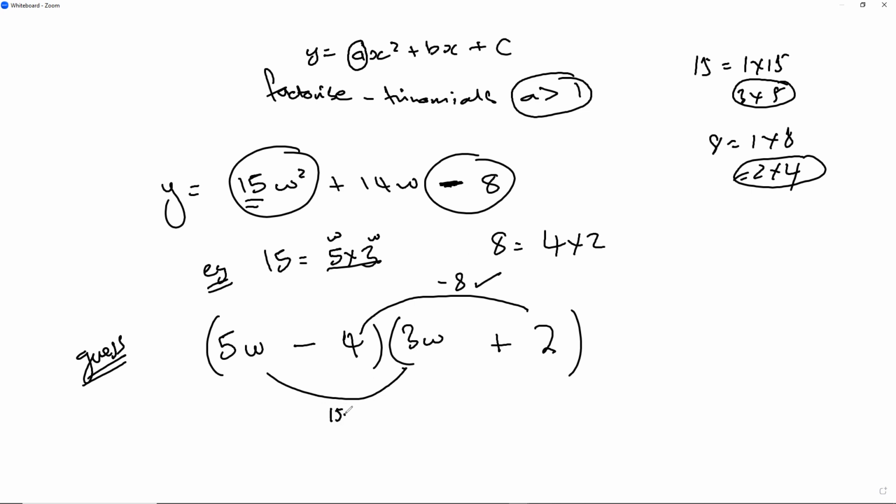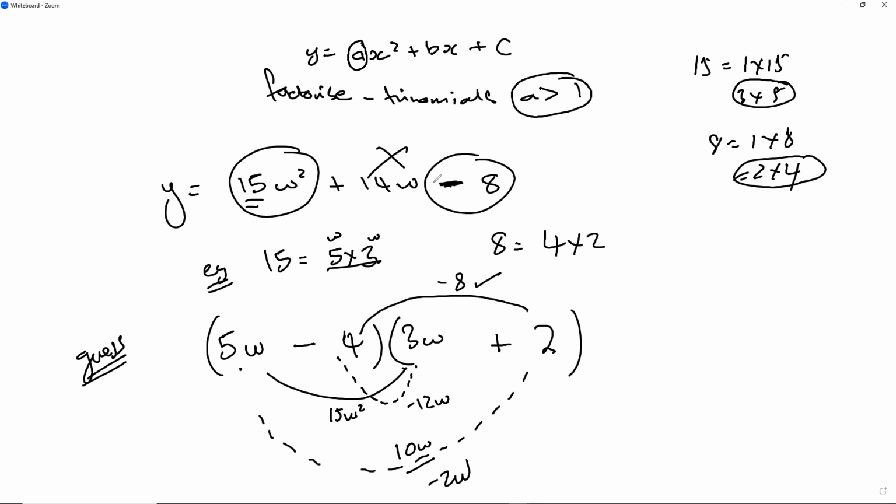I will still get 15w squared. It's about the middle term. That's what we want to check, right? So if I take the outer two terms, I can see 10w. And if I take the inner two terms, I can see negative 12w. And the sum of that is negative 2w, which is not correct because we need to get to 14.